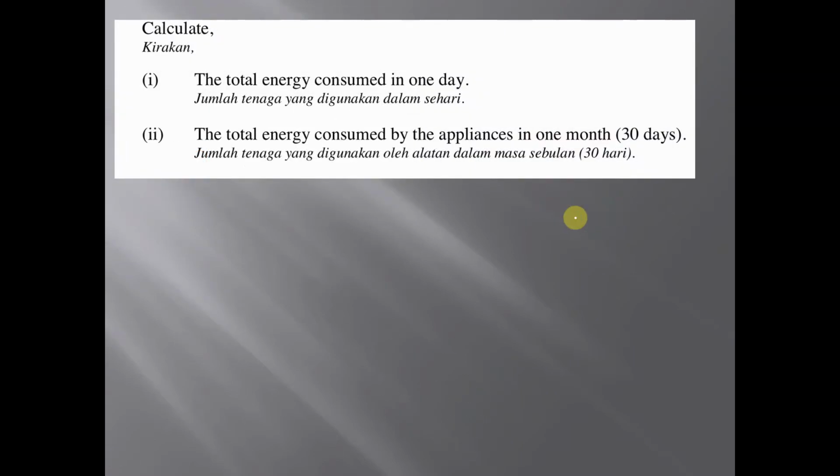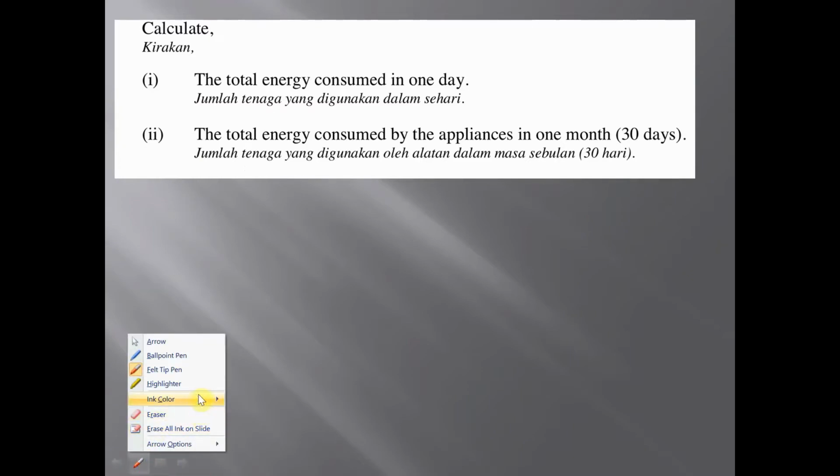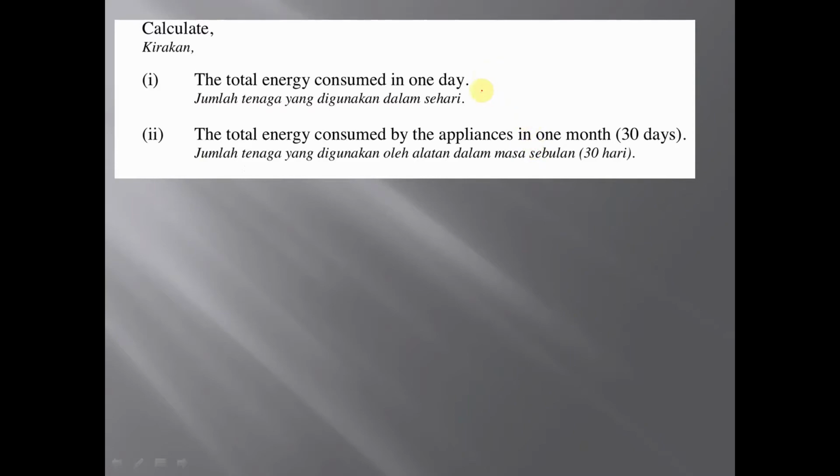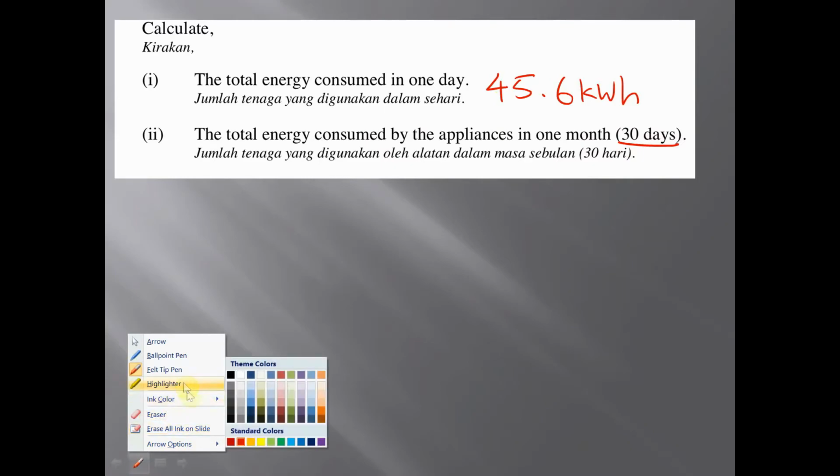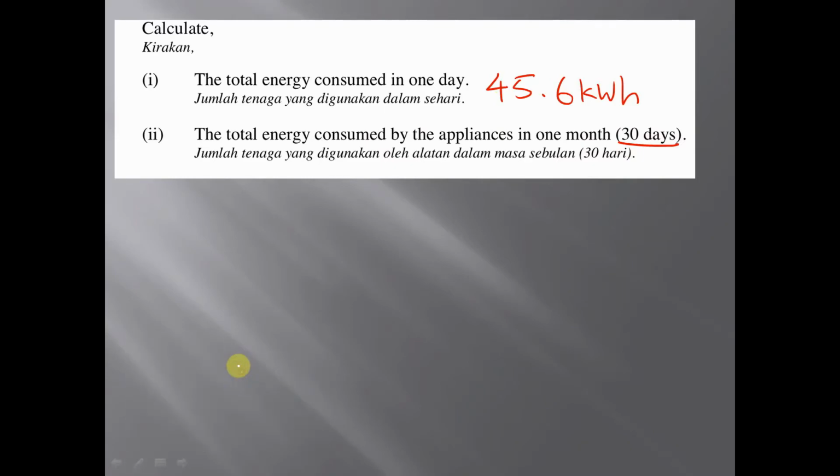And what else do they want? Just now we already found out the total usage per day is 45.6 kilowatt hour. The next thing they want you to find out is the consumption in 30 days. Kalau 30 hari pula macam mana? I don't think this is difficult for all of you.